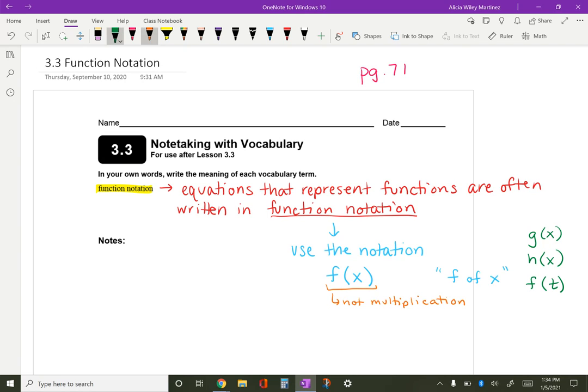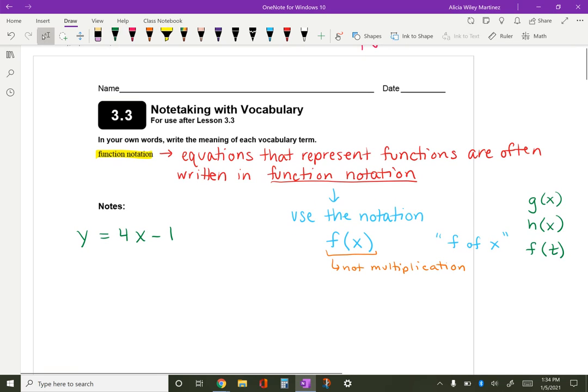Okay, so comparing it to something that we already know, if you had an equation like y equals 4x minus 1, which if you were to graph this in Desmos, you would see it's a diagonal line, making it a function, meaning I could write it using function notation.